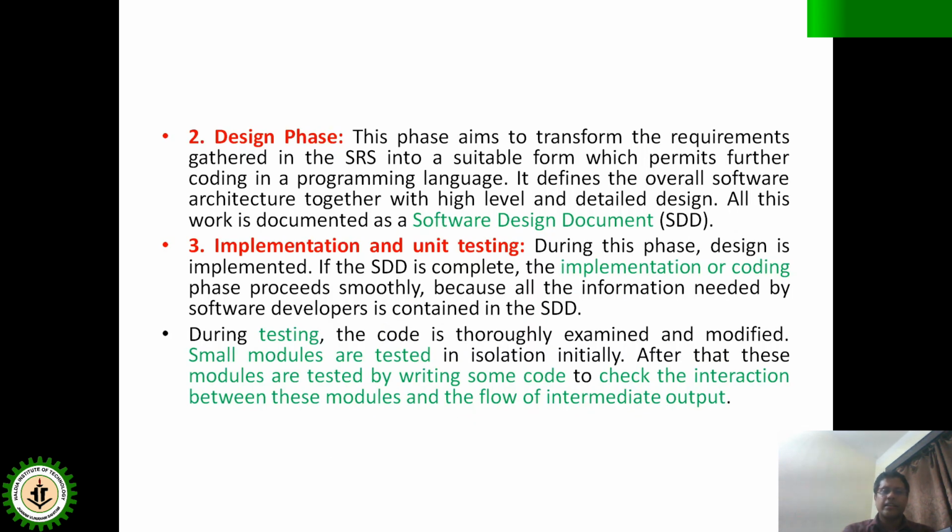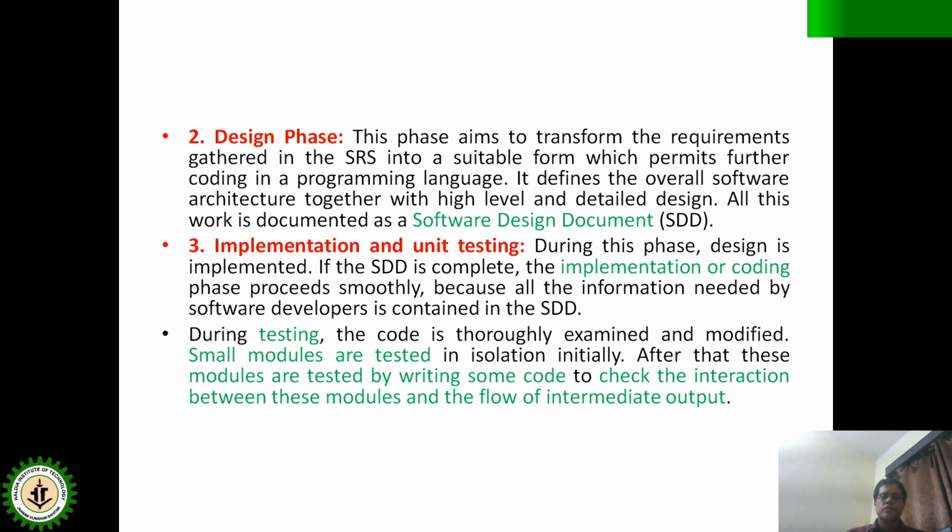Then comes the design phase. As we have already discussed, in the design phase the gathered requirements are documented. The design phase consists of various kinds of diagrams, mainly the ERDs, the DFDs, the activity chart and the activity diagram.